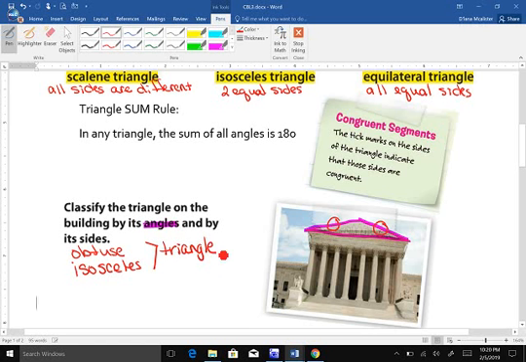Therefore, we could say it's an obtuse isosceles triangle. Let's take a look at the next example.